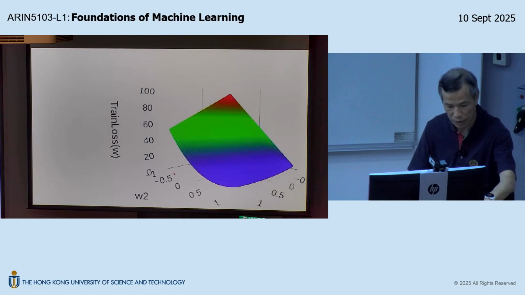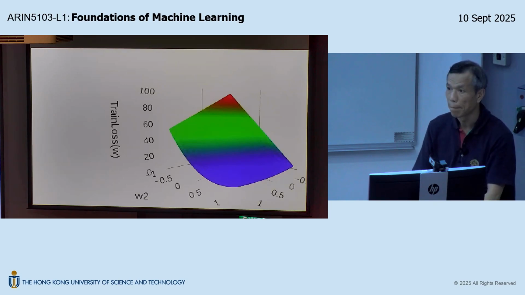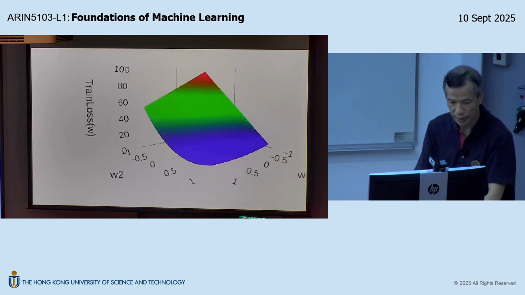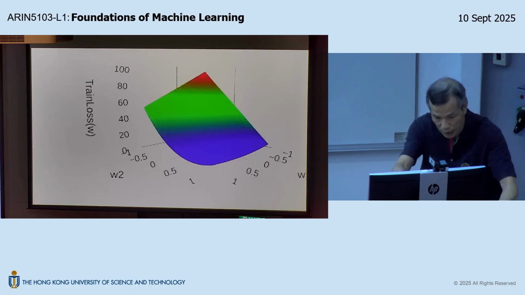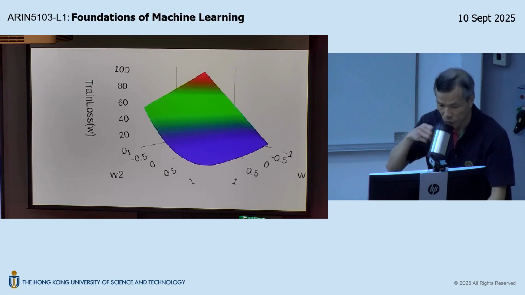So at this point, the loss will be here. The y-axis, or the z-axis, is the loss. If you pick a different W, say this one, the loss will be smaller, and so on. Of course, as we said, we want to find the weight combination that minimizes the loss. That means that we want to find this point. So this is why we want to do optimization.